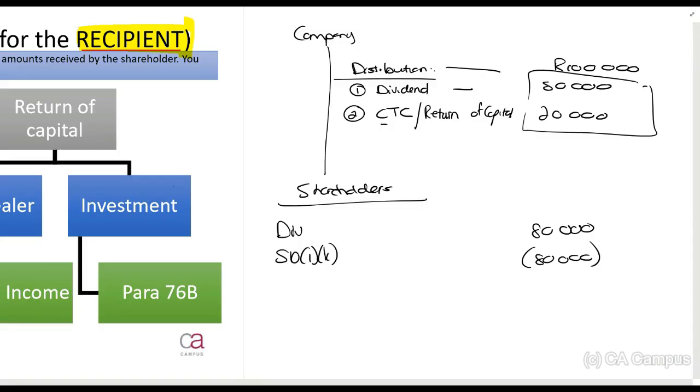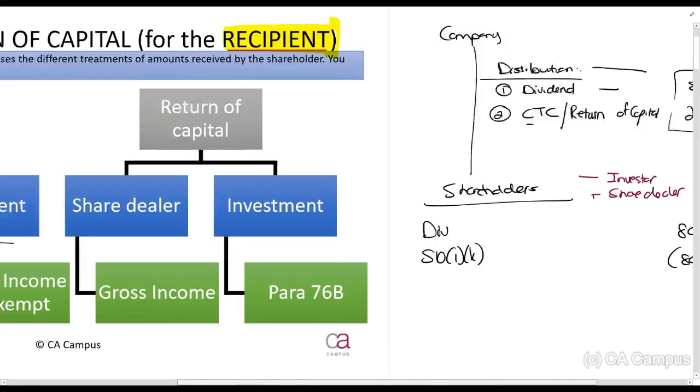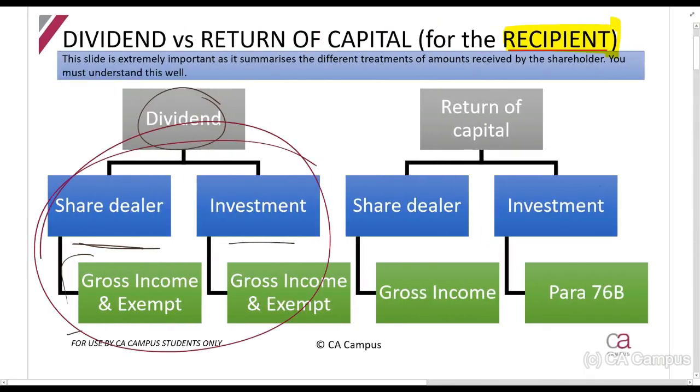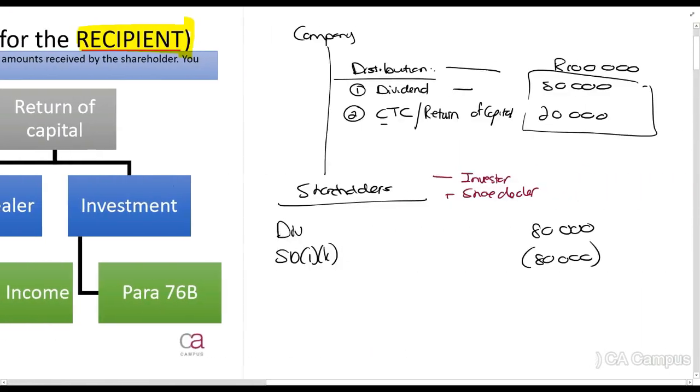I want you to see here, for investor plus a share dealer, this is what will happen. The dividend portion is included and it is exempt. Doesn't matter if you're an investor or a share dealer.